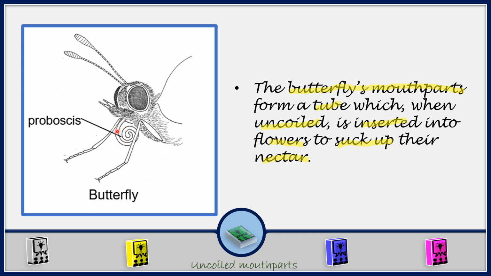This part that you are seeing here, which is coiled, is called the proboscis, and it is used by the butterfly to suck nectar from the plants. It is always coiled, but when it is going to suck the juice from the plants, it will uncoil and straighten it, and then it can use it to suck nectar from the flowers.